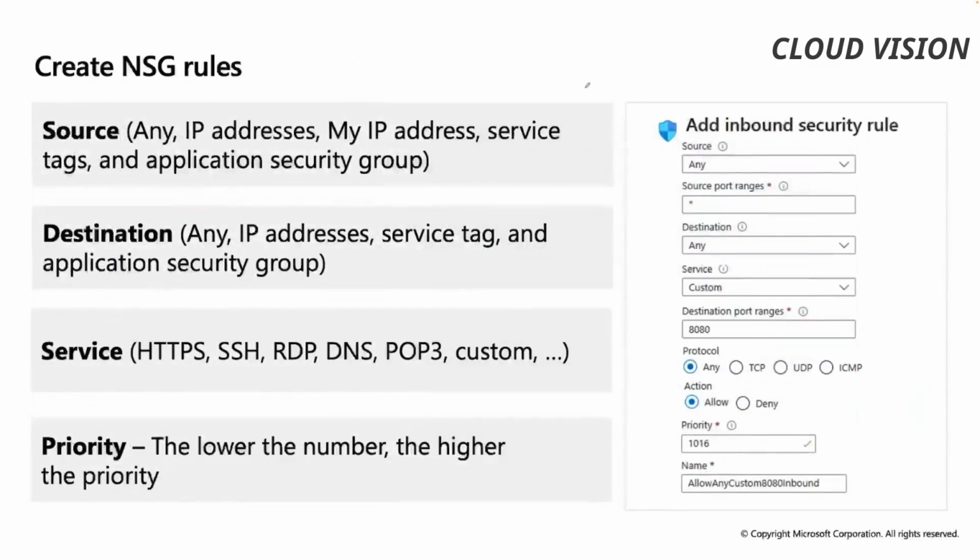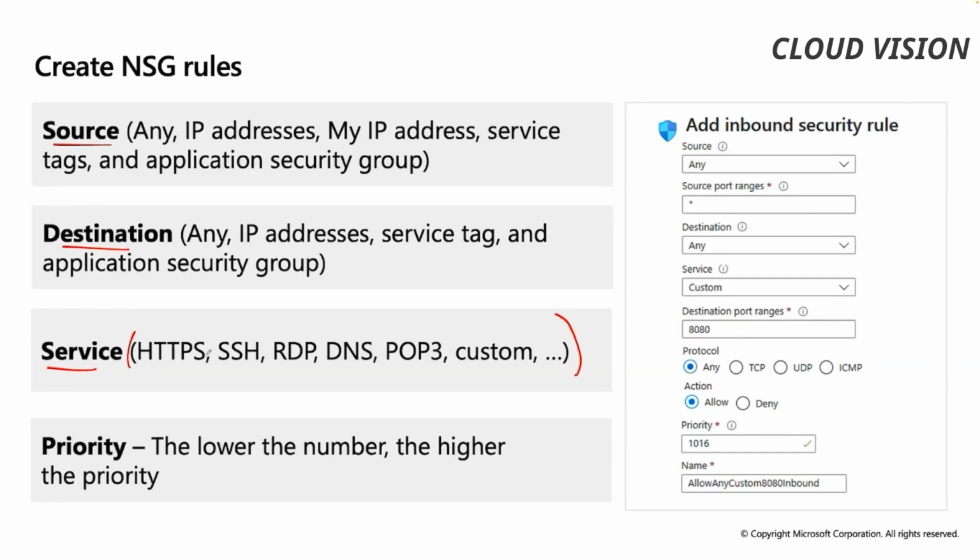When you create NSG rules, you need to be mindful of what is the source, what is the destination, and which service you want to configure. There is a list of predefined services available that you can select.